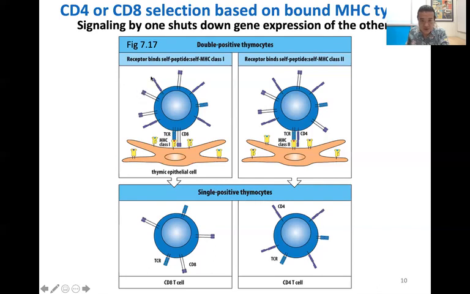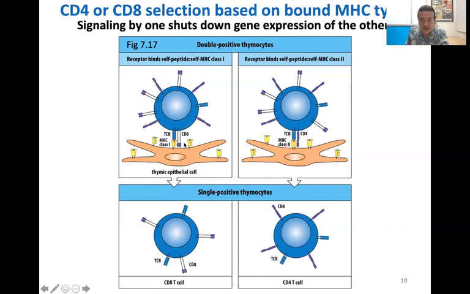And then the CD4 is represented by these more, I don't know, thicker looking single strands, right? Single molecules. So depending upon which type of MHC the TCR has a chance to interact with first and interacts with favorably, right, that will then determine if the cell becomes CD8 positive or CD4 positive only.